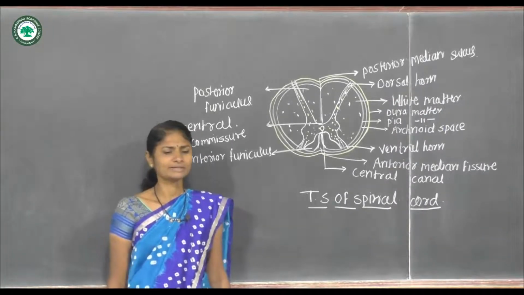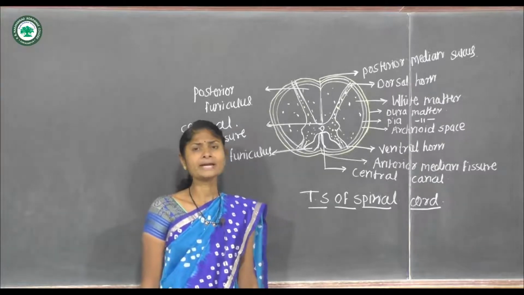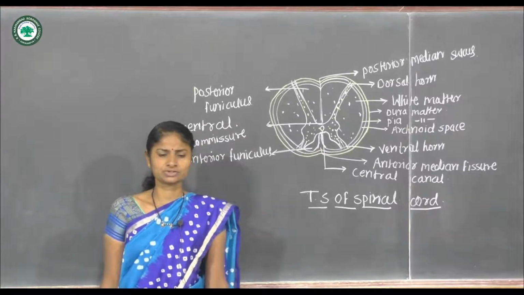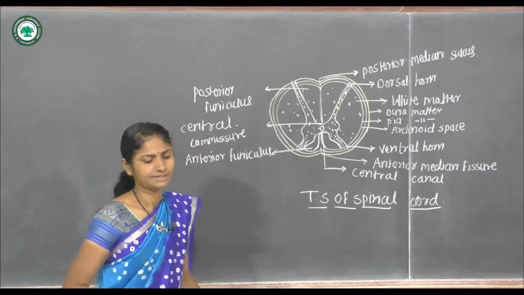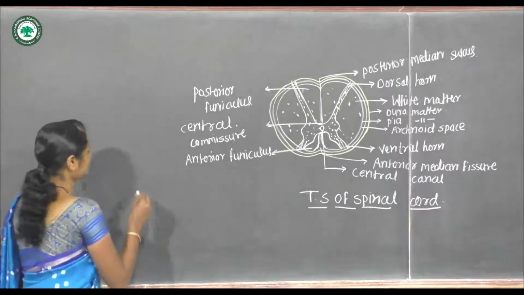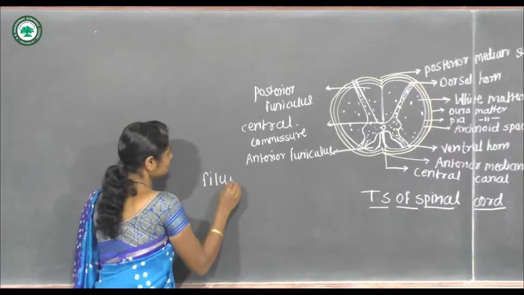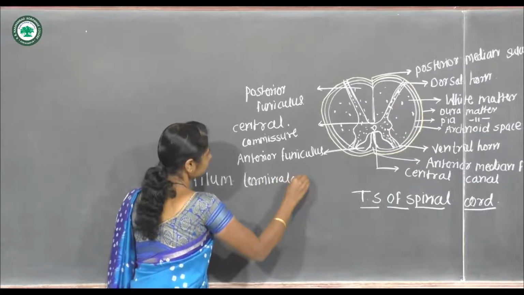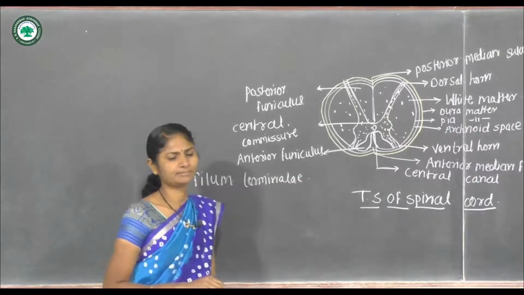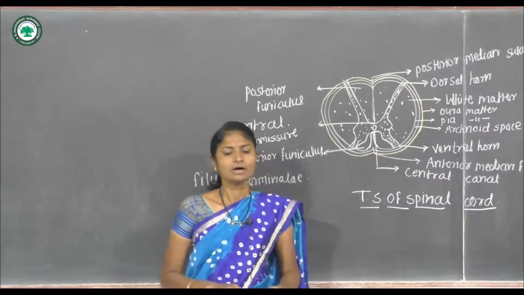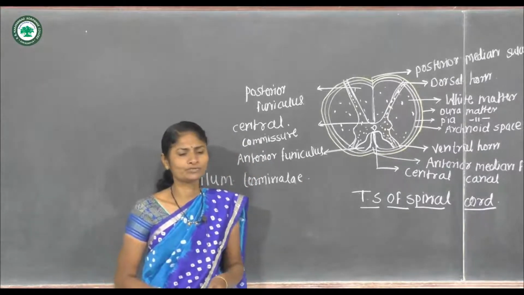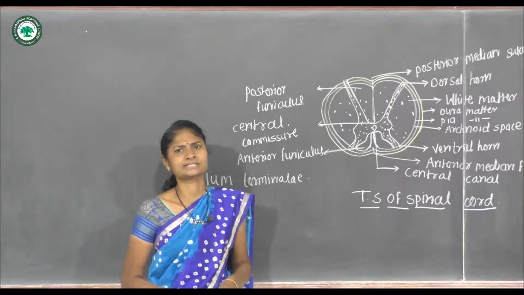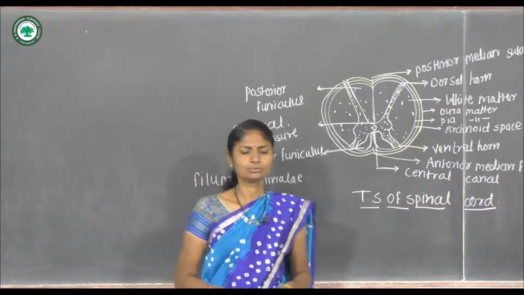Spinal cord is somewhat flattened dorsoventrally and posteriorly becomes a thread-like structure called the filum terminale. On the dorsal side a shallow furrow is present called the dorsal median sulcus, and mid-ventrally a groove is present.